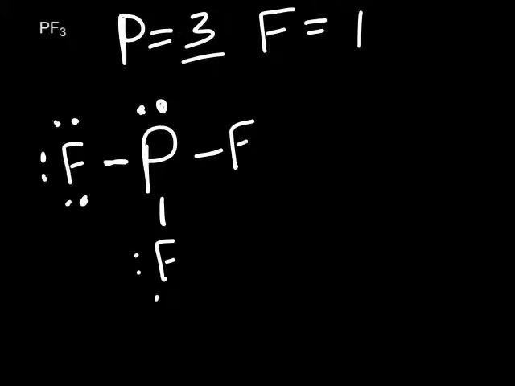We do the same here. And we end up with our structure for PF3. Okay, so the octet rule is satisfied. Everybody's got the right number of bonds, and this is a good structure.